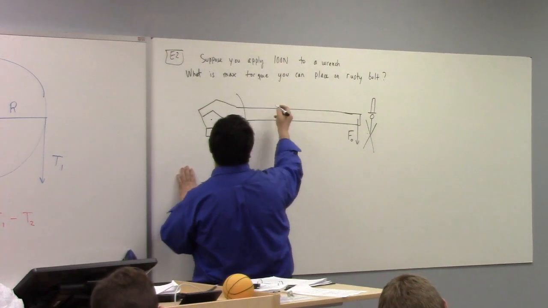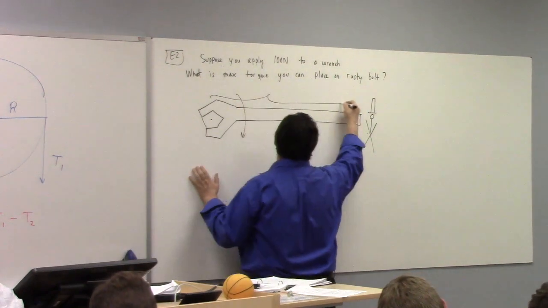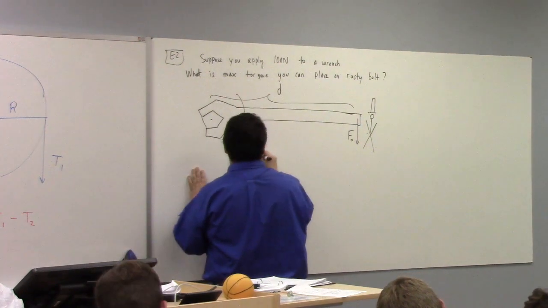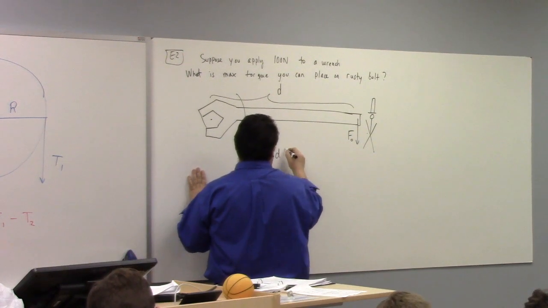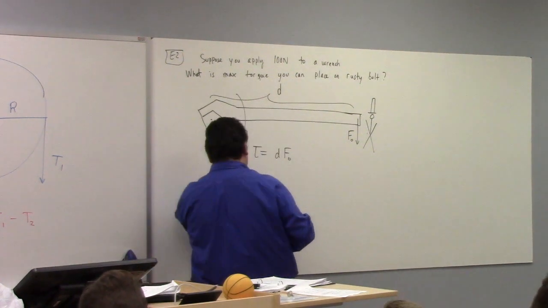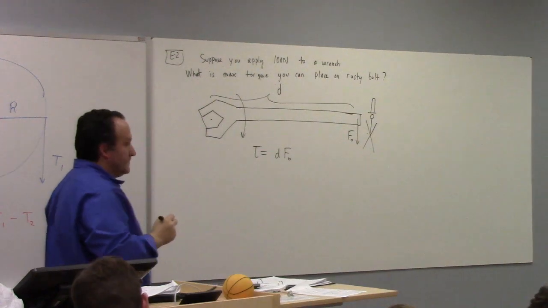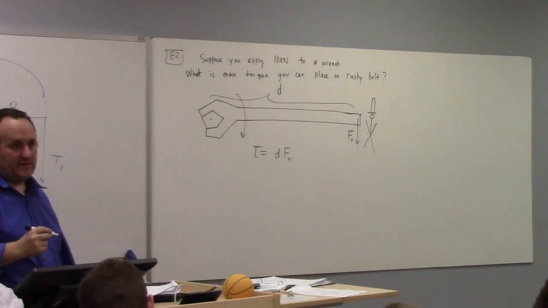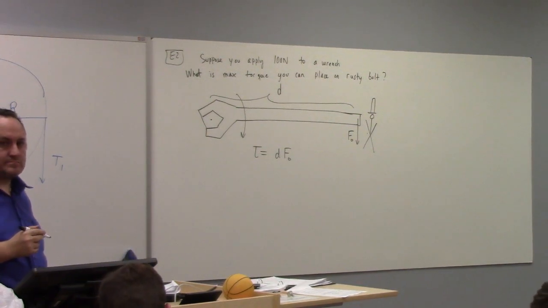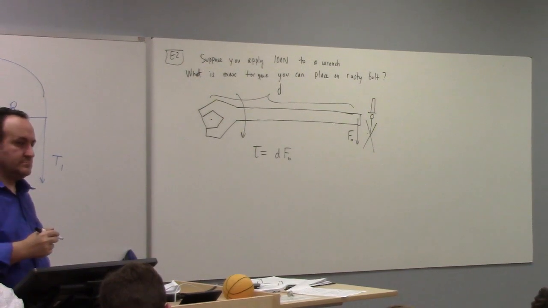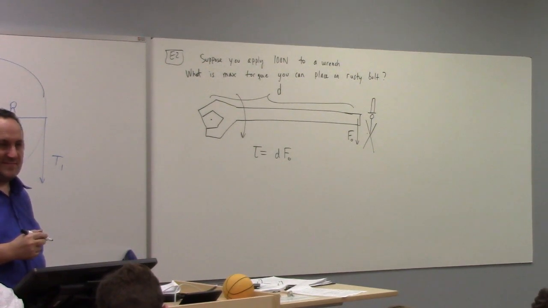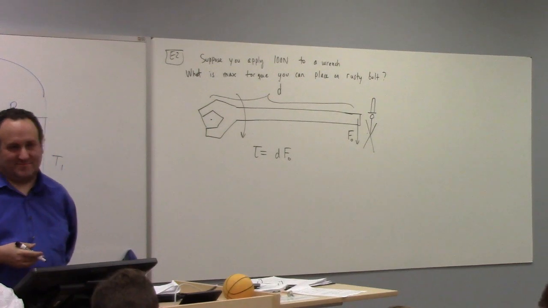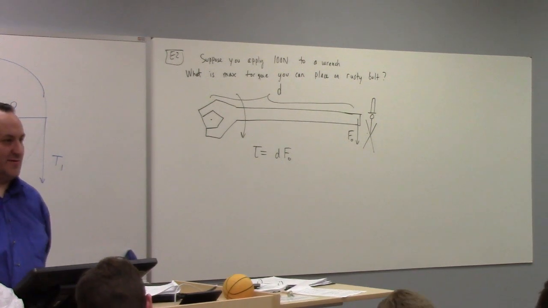Right, so whatever this distance is, if we call that distance d, the torque is equal to d times F naught. So what's the max torque? If you find a longer wrench, you can get a bigger torque.